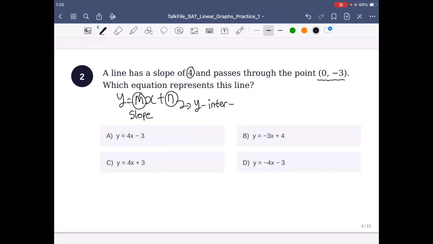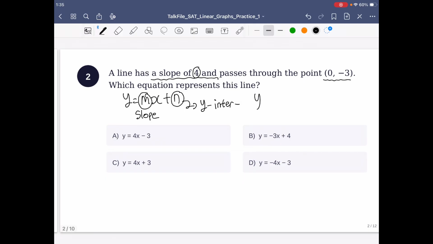So when you see a slope of 4, that means the equation looks like y equals 4x, because the slope is 4, and next we have n. If you look carefully, this is actually the y-intercept because the x value is 0.